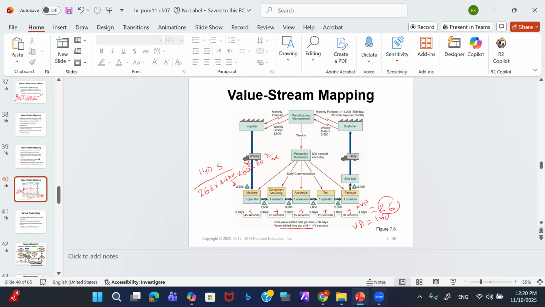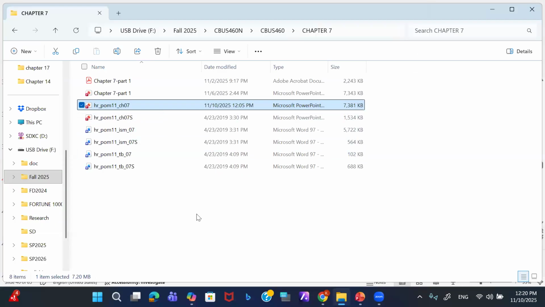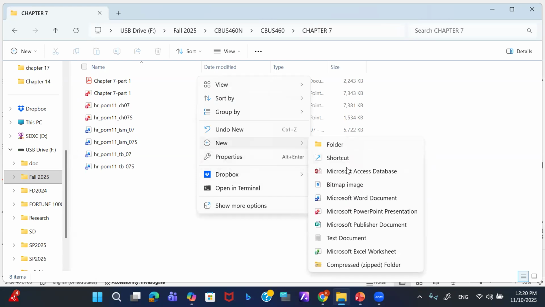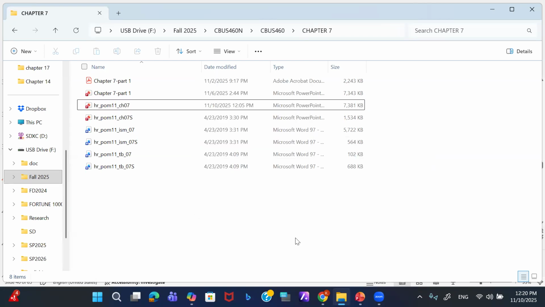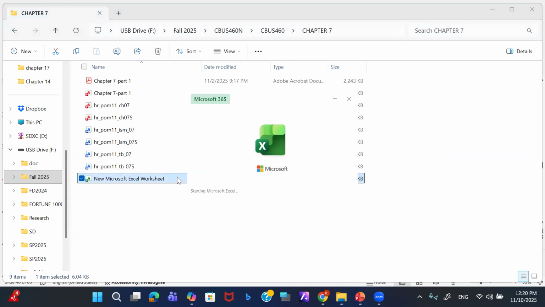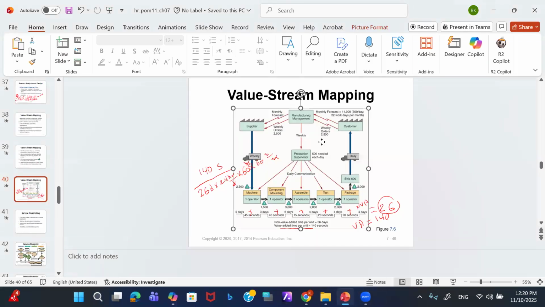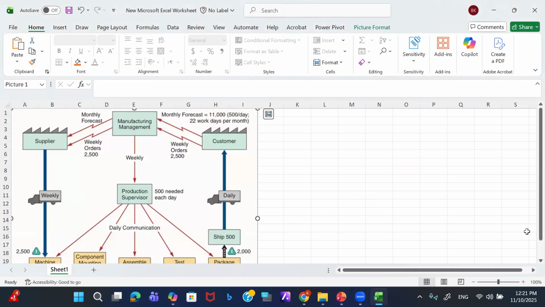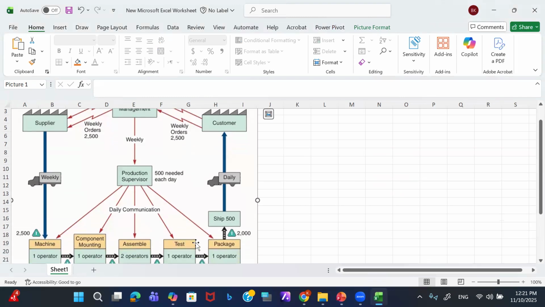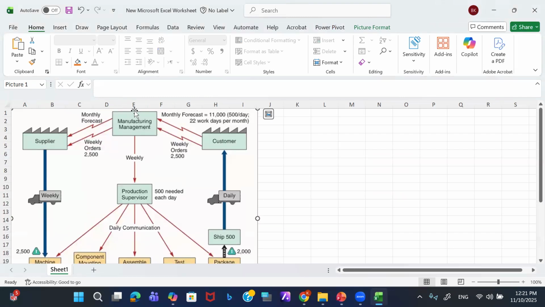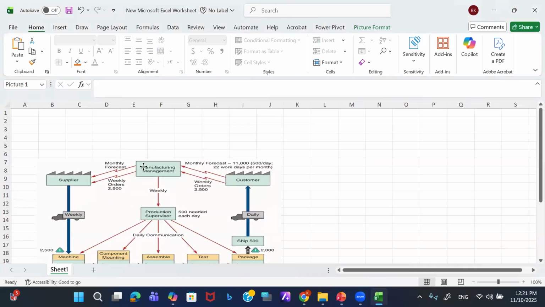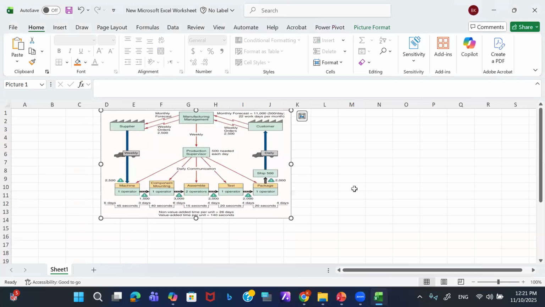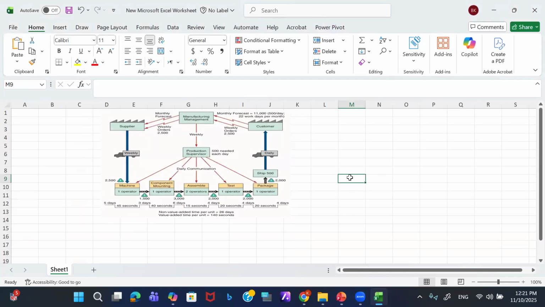We have 140 divided by 26. Let me use Excel here. I will open an Excel sheet. I want to show you the meaning of that. We take this, put it here in Excel. So we have value added time 140.